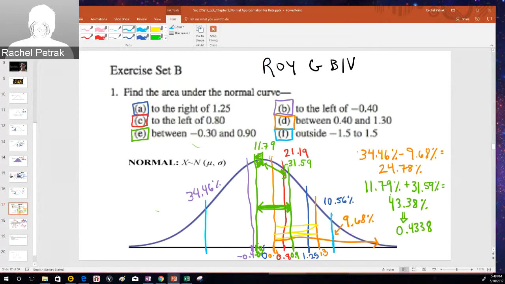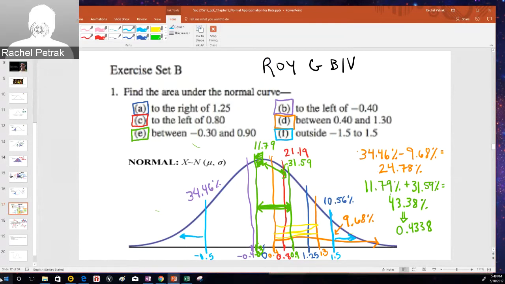So for the sake of a little bit of accuracy here, I'm going to replot these, just because it was so badly off before. Okay? And what we need is the proportion beyond these points. So this proportion and this one summed together.